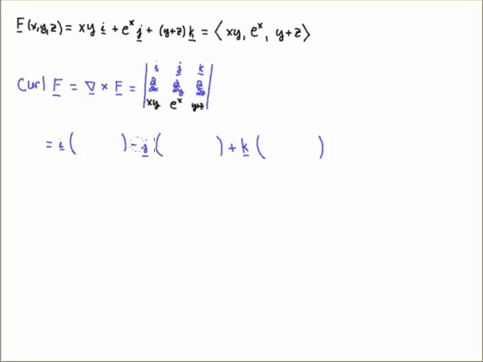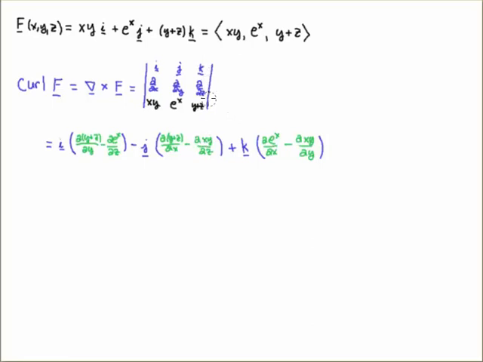Now in here we're going to compute little subdeterminants. Those are called minors. They look like this. So in this first component we're going to take the derivative d/dy of y plus z and d/dz of e to the x. So it's everything that is not in the i column. And similarly, when we compute along the j column, we're going to take d/dx of y plus z and d/dz of xy.